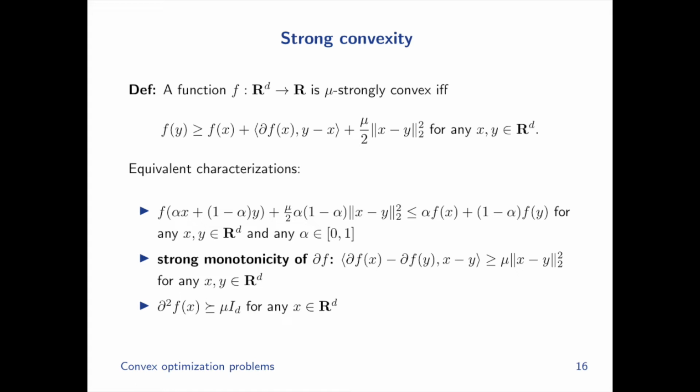It has to touch the original function at each of the endpoints. And so this is the alpha times 1 minus alpha term. But basically what it says is that not only does the function have to sit below the line segment, it has to sit below the line segment by some margin. Okay, so again, it's a strengthening of the usual convexity assumption. This is the zeroth order characterization.